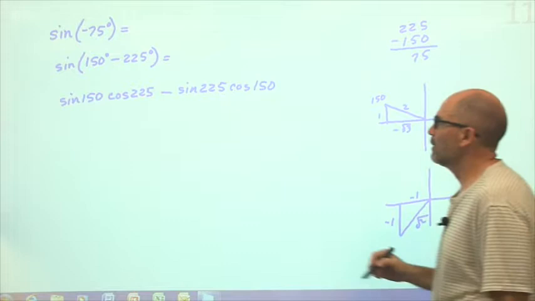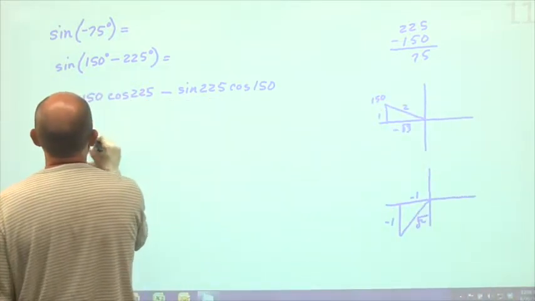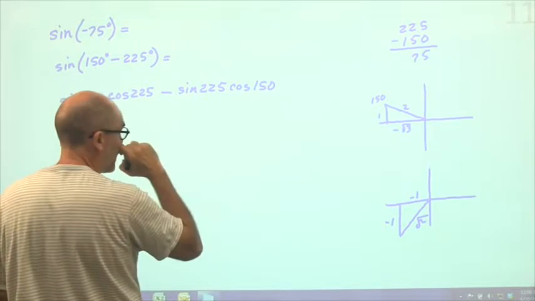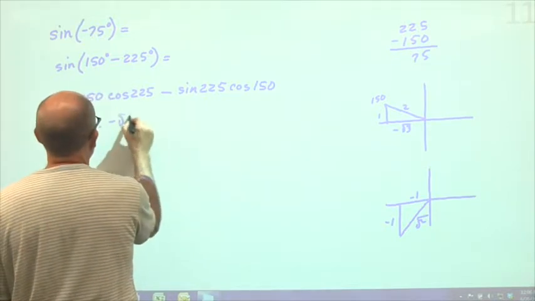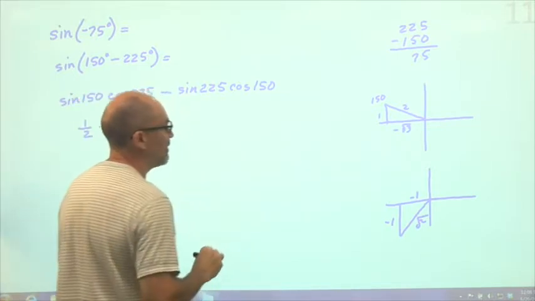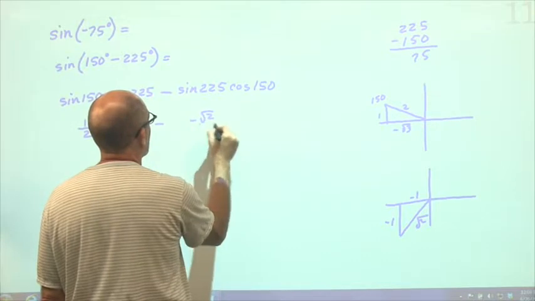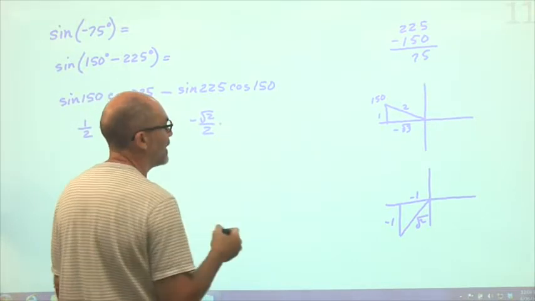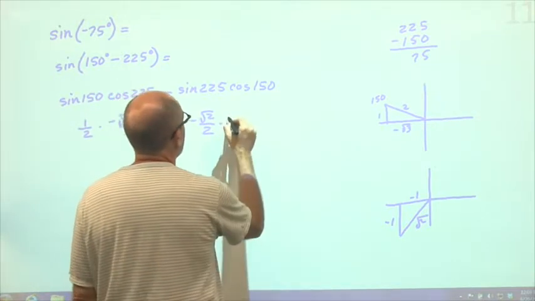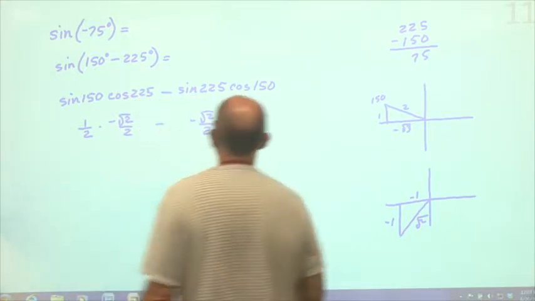Okay, so let's plug in those values. Sine of 150, 1/2. Cosine of 225, negative square root of 2 over 2. Sine of 225, negative square root of 2 over 2. Cosine of 150, negative square root of 3 over 2.